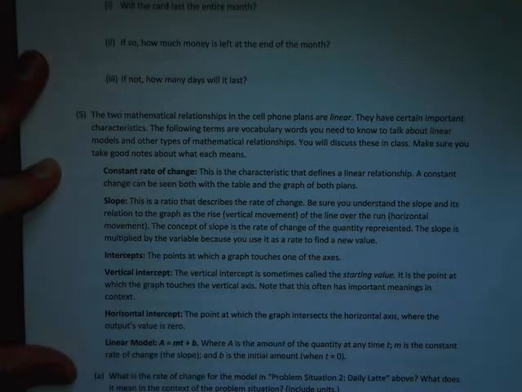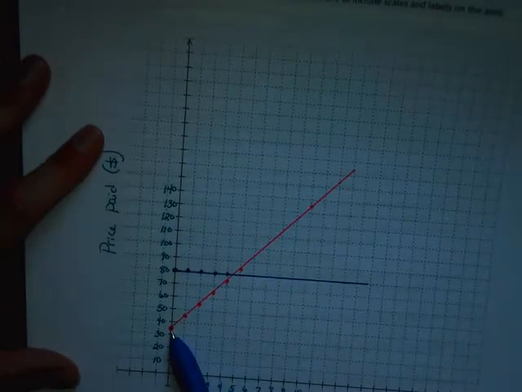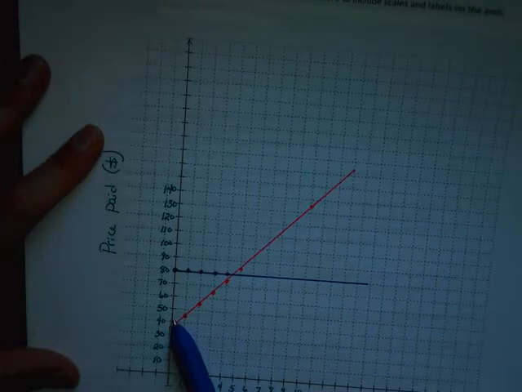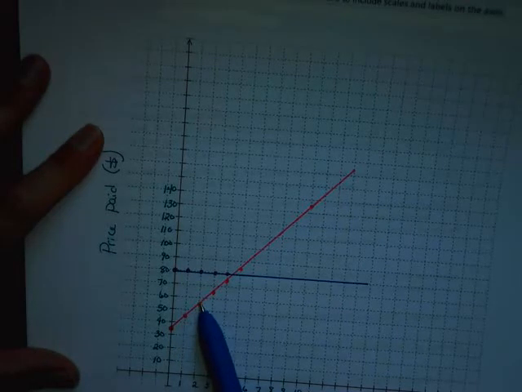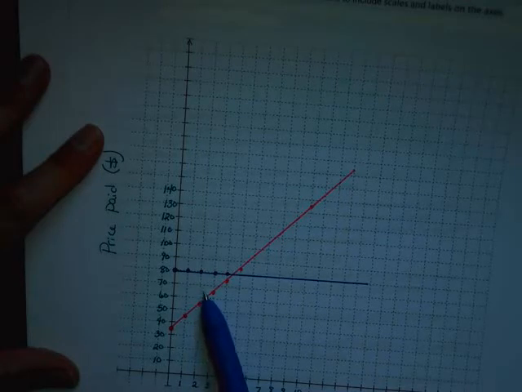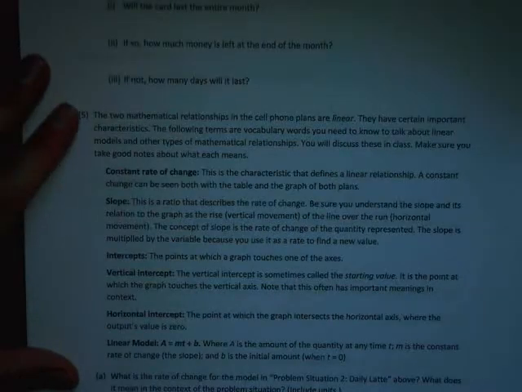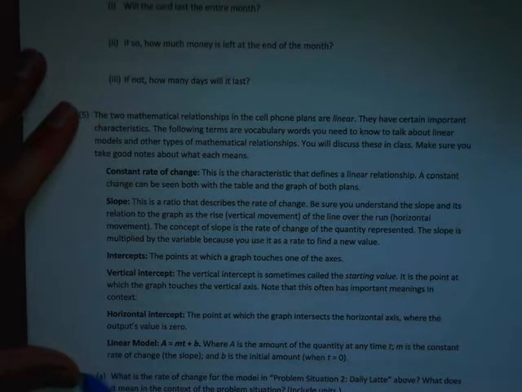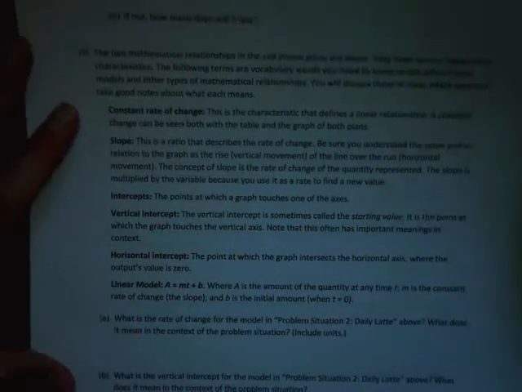The vertical movement is up 10 over 1 horizontal change. So the change and the slope are the same. The other thing we need to know are what are called the intercepts.